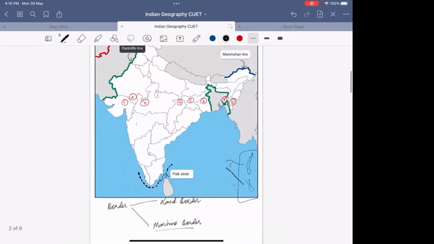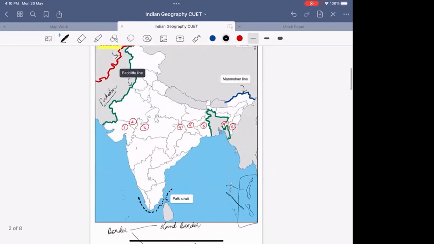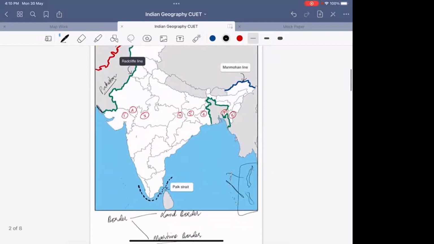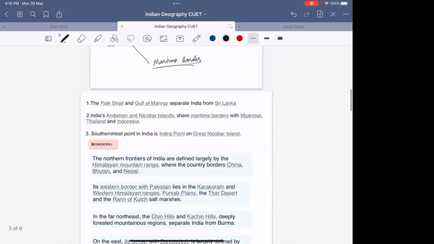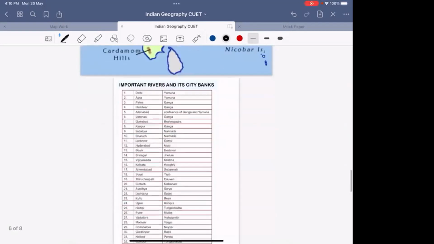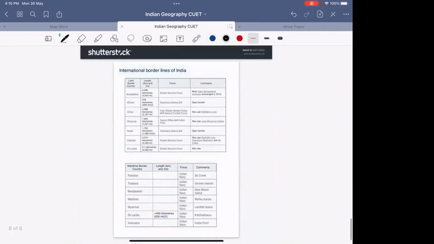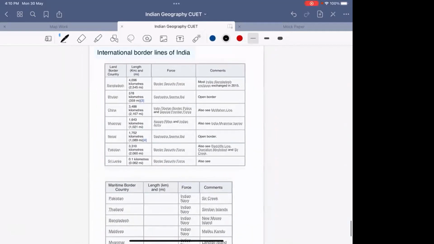Specifically, if you talk about Pakistan, India shares a land border as well as a water border with Pakistan. So Pakistan falls into both the land bordering and maritime bordering countries. Okay, so first of all, we will start with the borders. The international land borders that India shares are 7.